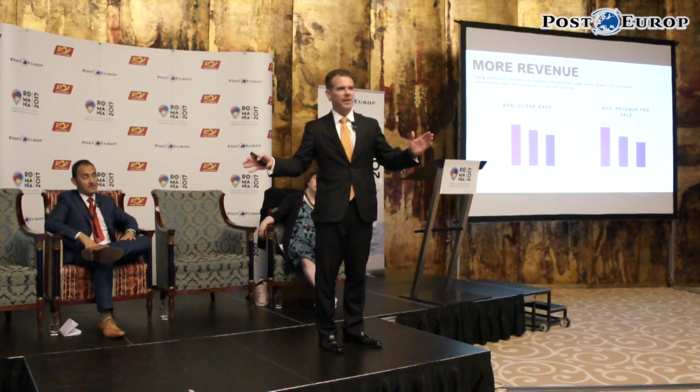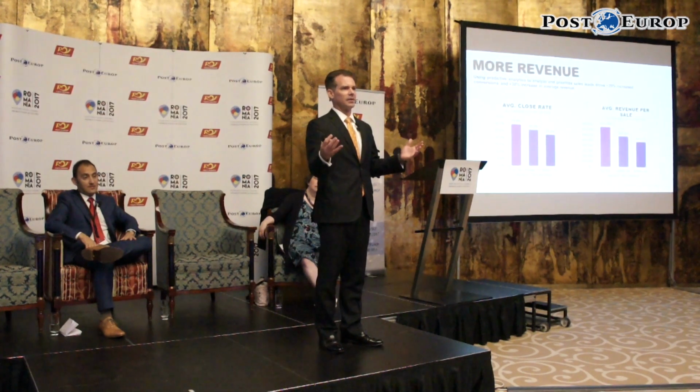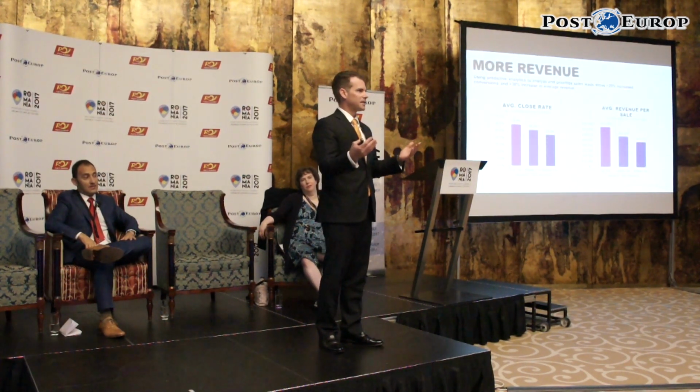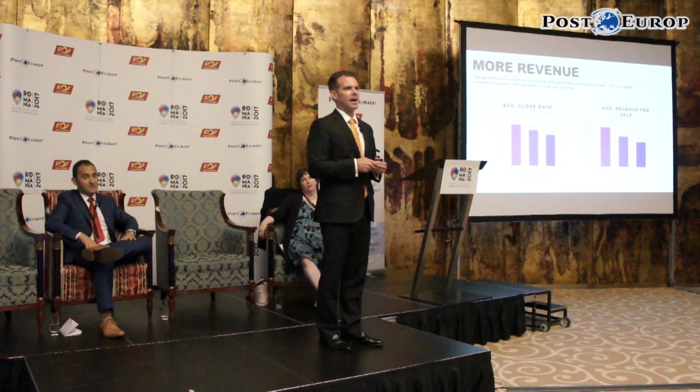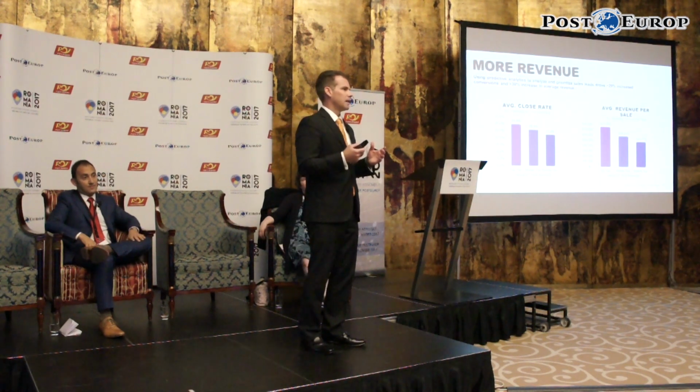This wasn't new salespeople. This wasn't new products. This wasn't doing anything particularly different, except we told them which customers were most likely to buy their products and that they should organize their day in that fashion. And by reorganizing what they did, it produced a 20 and 30% improvement.